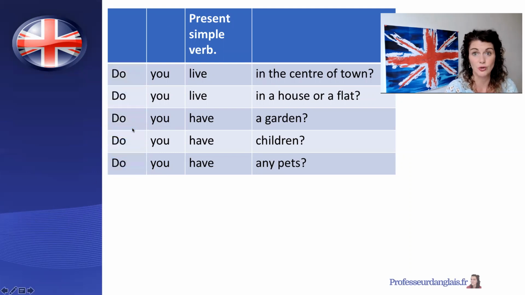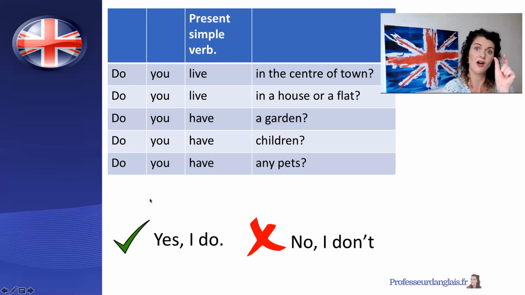Well done, do. Do you live in the centre of town? Do you live in a house or a flat? Do you have a garden? Do you have children? Do you have any pets? And we can have short answers.